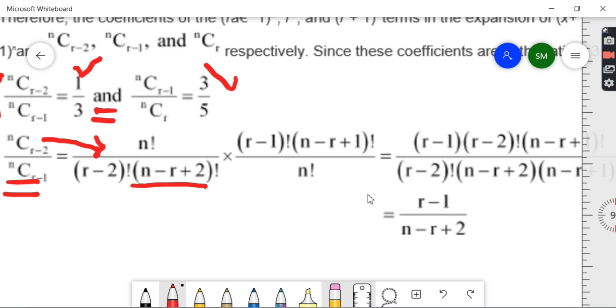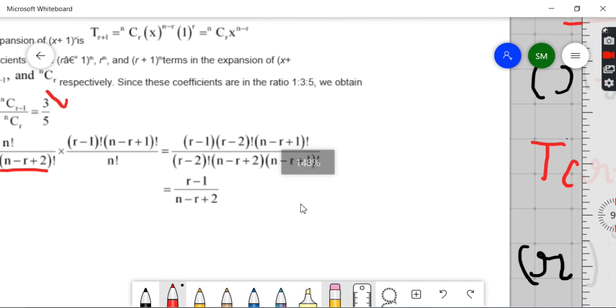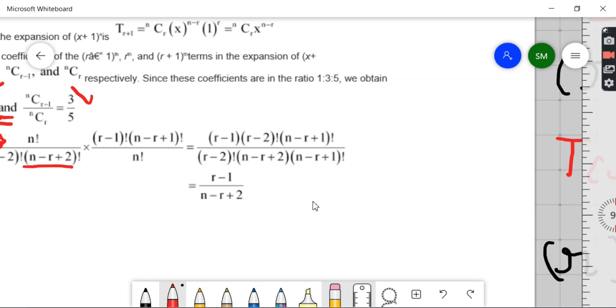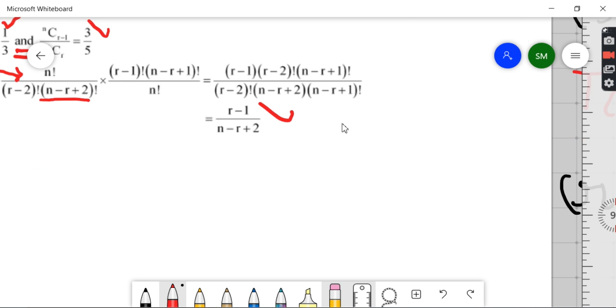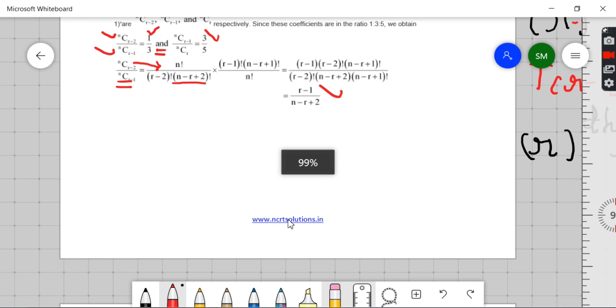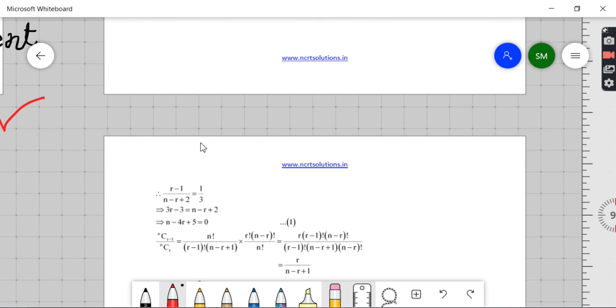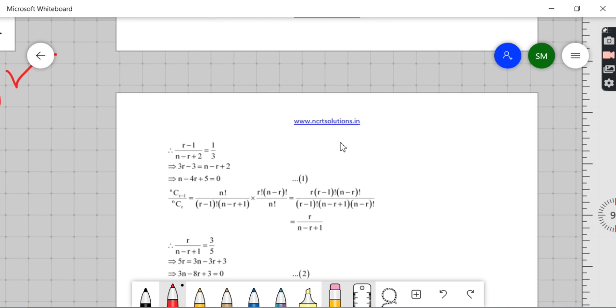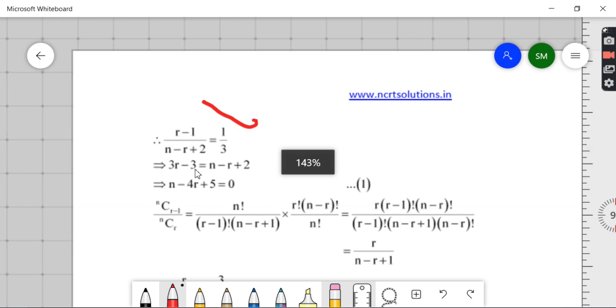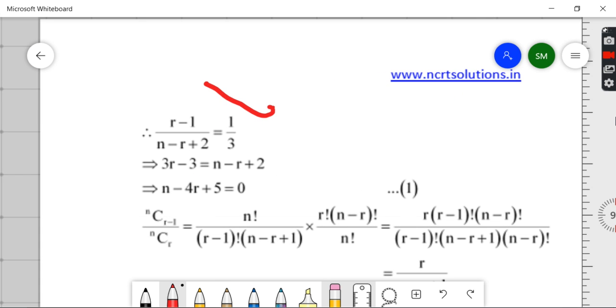Simplify, you will get this much simplification, you know, because this is nothing but permutation and combination. Then they are in the ratio 1 : 3, this is given. So simplify, you will get one equation: n - 4r + 5 = 0.